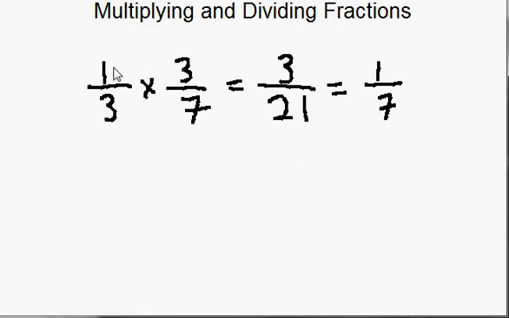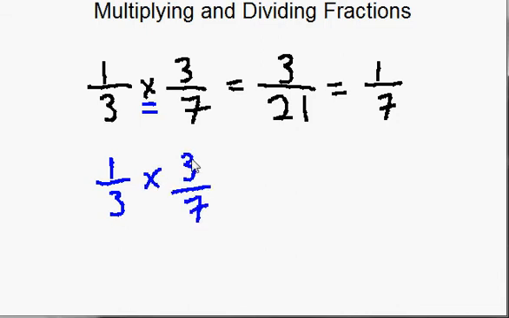Normally you're allowed to reduce a fraction by dividing top and bottom by a common number. Well, when you're multiplying two fractions, you're allowed to divide top and bottom, even of different fractions, by the same number. So let's start this one over again. Suppose we have 1/3 times 3/7.